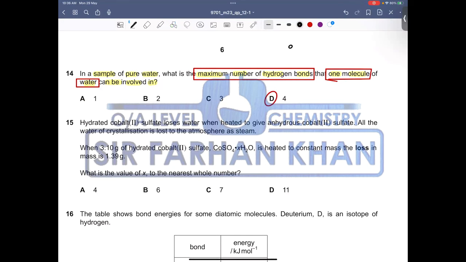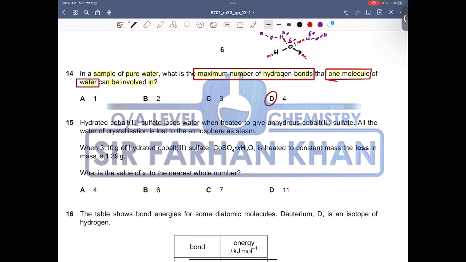This is your water molecule, and you guys know that oxygen has two lone pairs. First one is this, second one is this. So the basic condition for hydrogen bonding is that element, oxygen, nitrogen, and fluorine, should have a lone pair. So oxygen has a lone pair here. So this lone pair involves hydrogen bonding. This lone pair also involves hydrogen bonding. Okay. And also you should remember that oxygen is slight negative, and these two hydrogens have slight positive charge. Also, these two hydrogens also form hydrogen bonds.